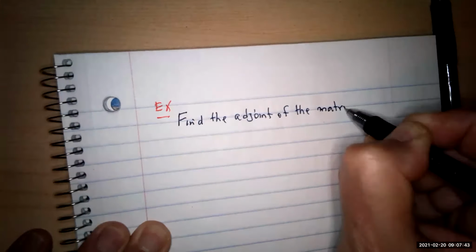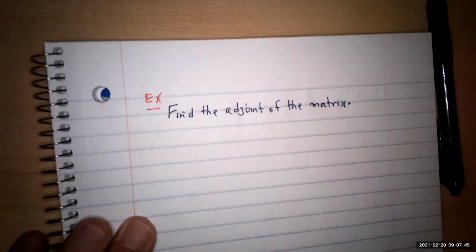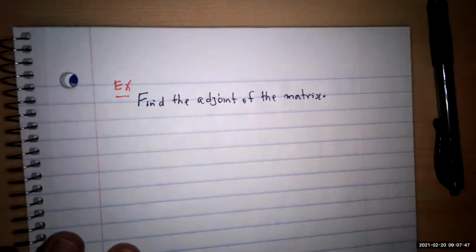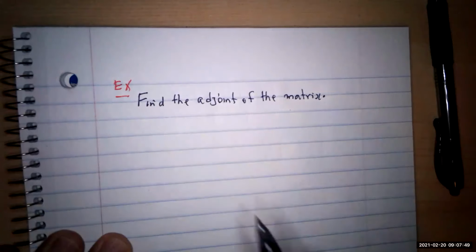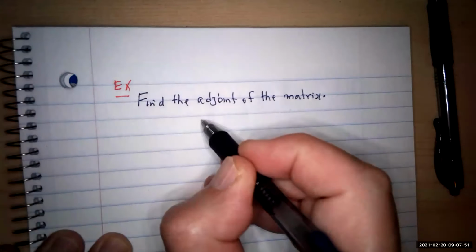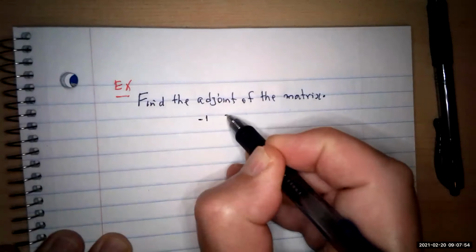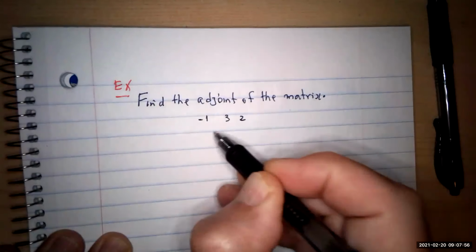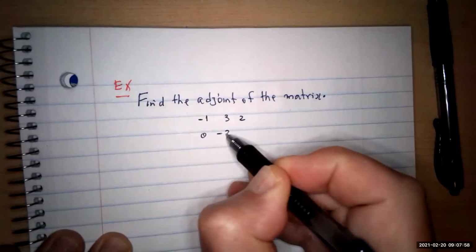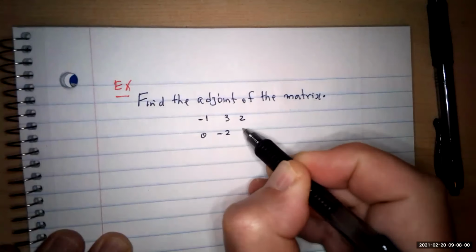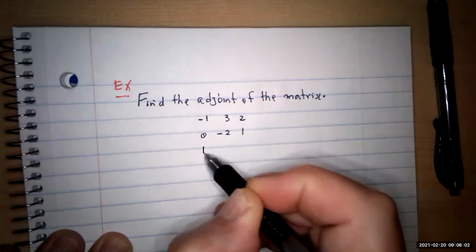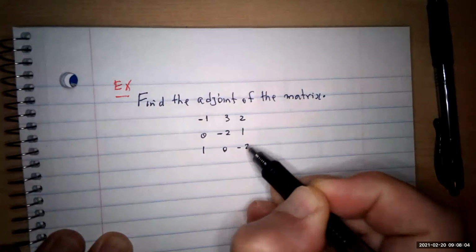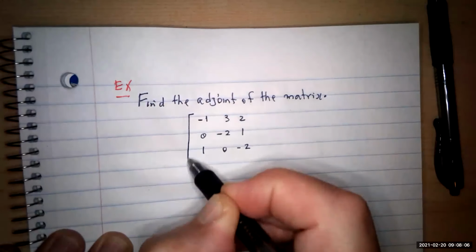It's always possible, there is no condition involved. So I give you a 3 by 3 one. For example: the first row is -1, 3, 2, then 0, -2, -2, then 1, 0, 1, 0, and -2. So this is going to be your matrix.